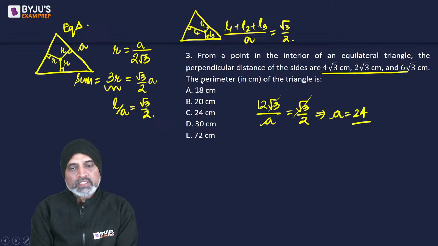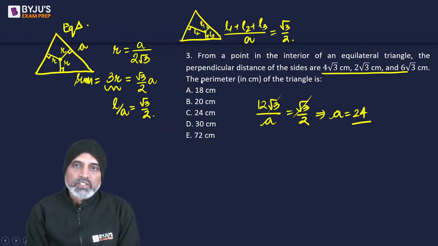If I take R to be that, the side is root 3 by 2. Is there any mistake that is done? 12 root 3, that is the sum upon side, is capital R.